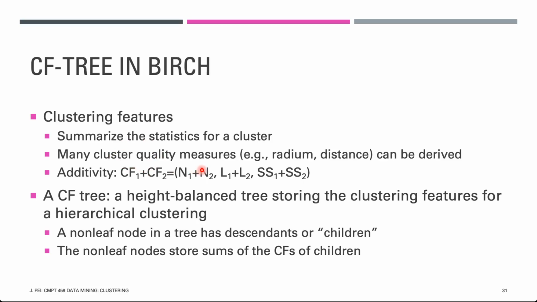For example, the radius and the distance can be easily derived from it. Also, clustering features have a very nice additivity, meaning if I have cluster 1 with clustering feature CF1 and cluster 2 with clustering feature CF2, then to form the clustering feature of the combined cluster, I don't need to go back to the individual objects.